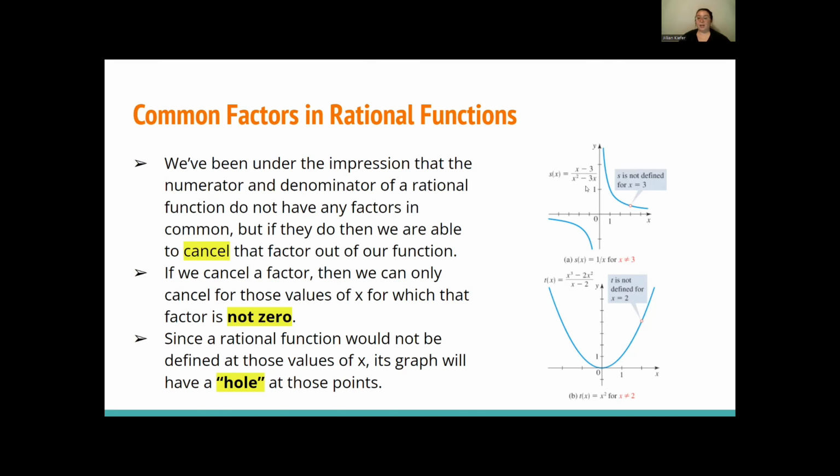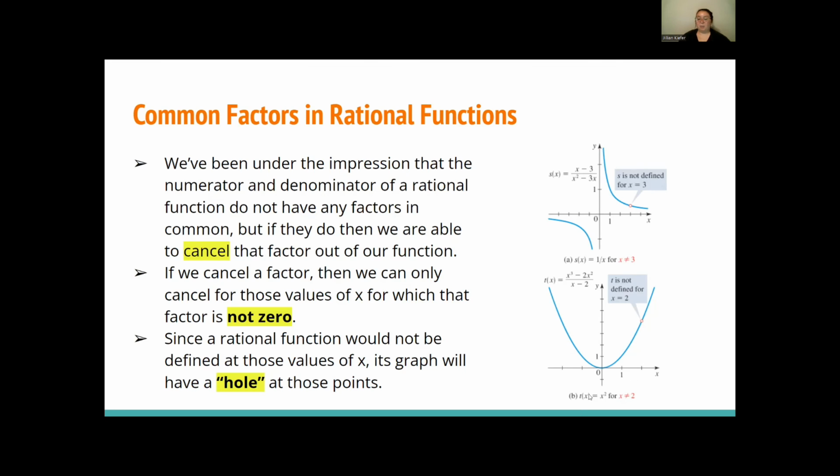So 3 would have originally been where a vertical asymptote existed. So you get to graph 1 over x, which is a simpler function, but then at the value of x equals 3, you have to draw a hole. You would say that your function is s of x equals 1 over x for when x is not 3. So it totally looks like that graph except for that value.